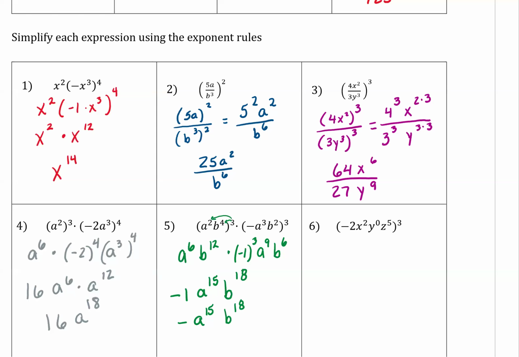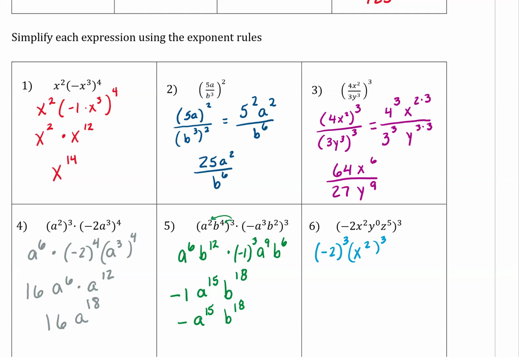Number 6, we have a negative to an odd power. You can write it as negative 2 cubed. You can write it as negative 1 cubed times 2 cubed, but I think this is easier just to go with negative 2 cubed. X squared cubed.